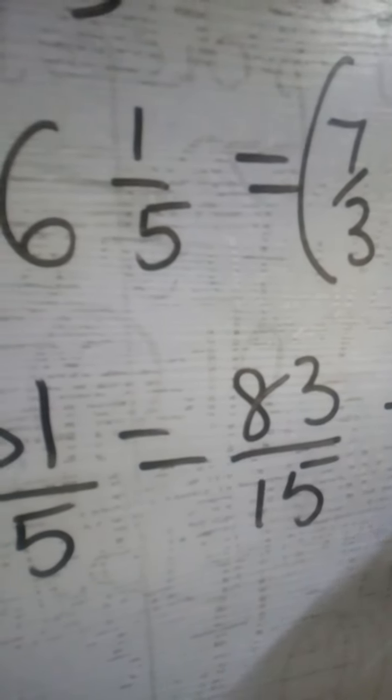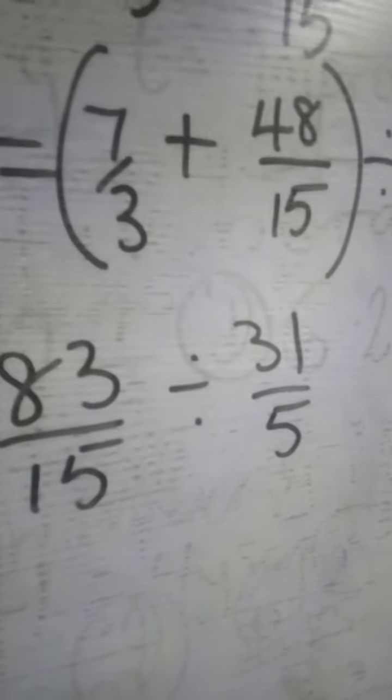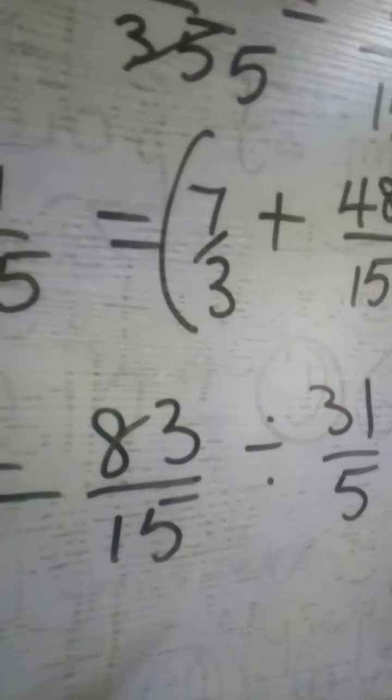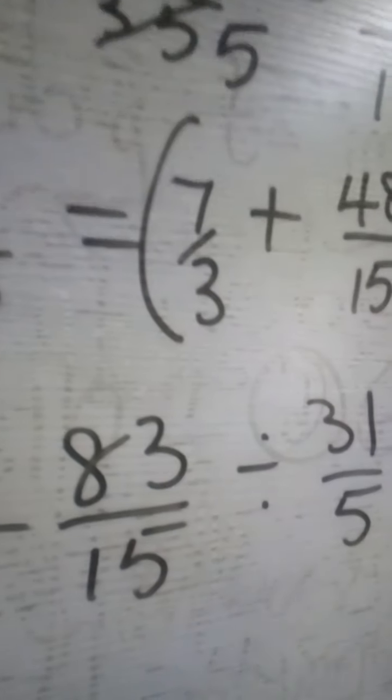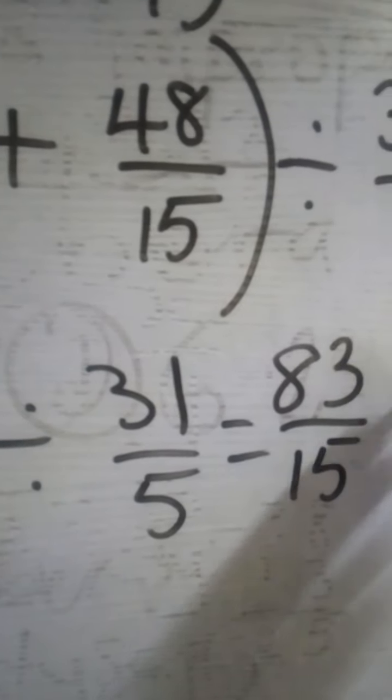Now divided by 31 over 5. Now here comes our division sign again. We change it to multiplication. This one at the bottom will go up. The one at the top will come to the bottom. So eventually we have 83 over 15 times 5 over 31.